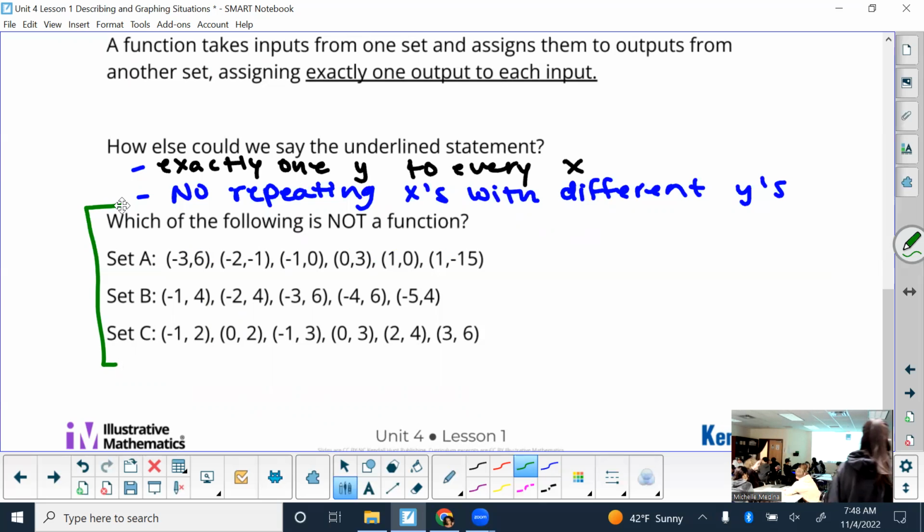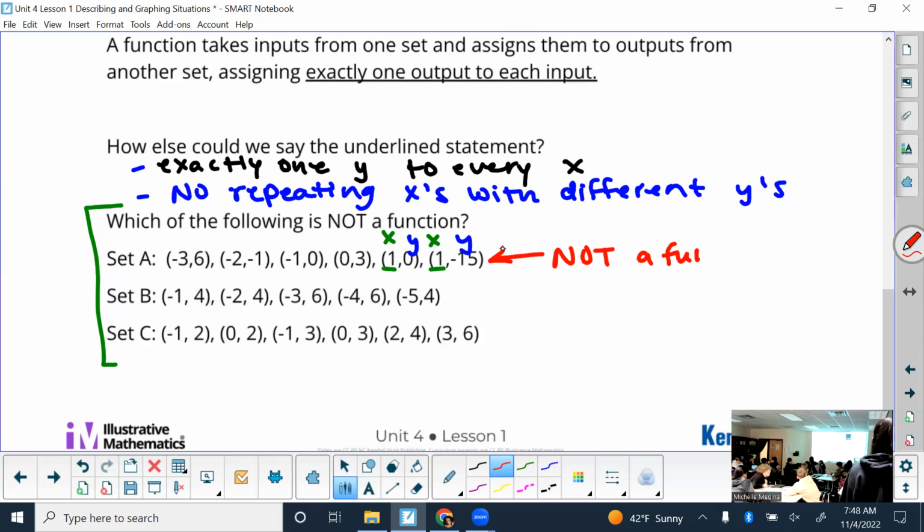All right, raise your hand if you think that A is not a function. All right, Alex, why do you think that? And the one is in what position? And they have different y's, correct? So that is why set A is not a function.